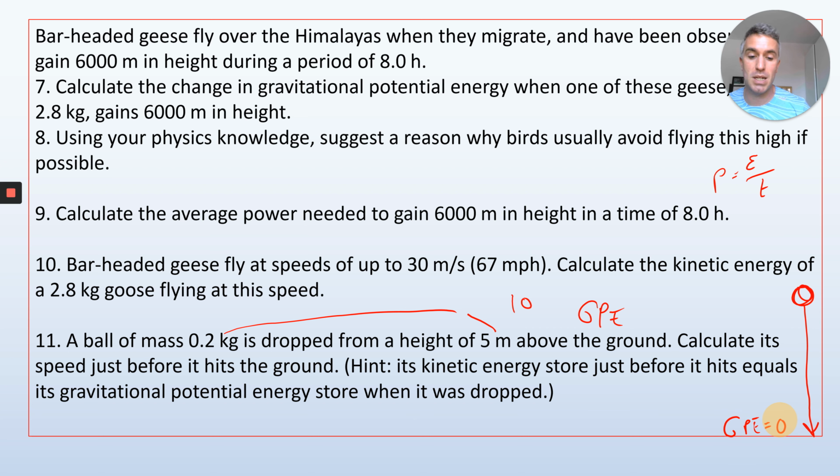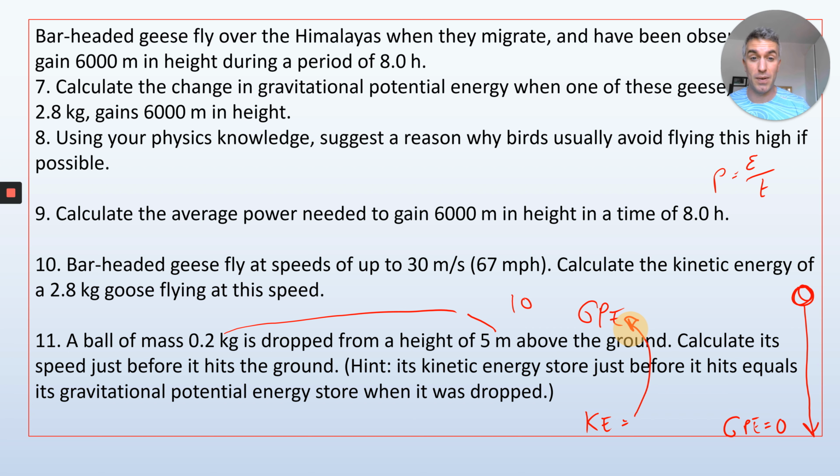Your gravitational potential energy is 0 when you're on the ground. So that gravitational energy kind of just disappeared. It's turned into kinetic energy. So KE will equal whatever that GPE was earlier. Then you have to do that clever rearranging when you work out the velocity.